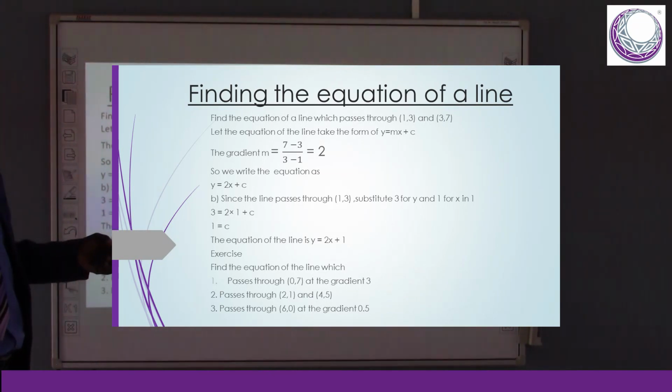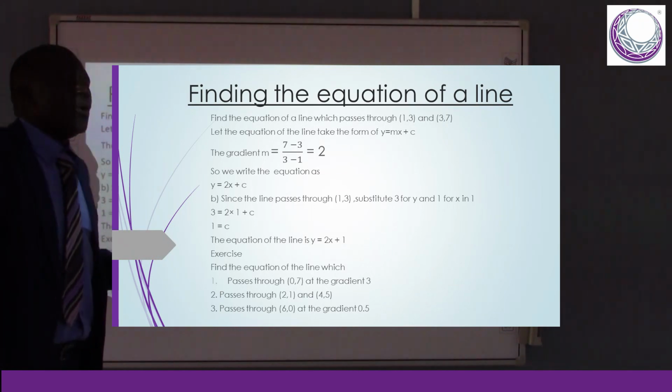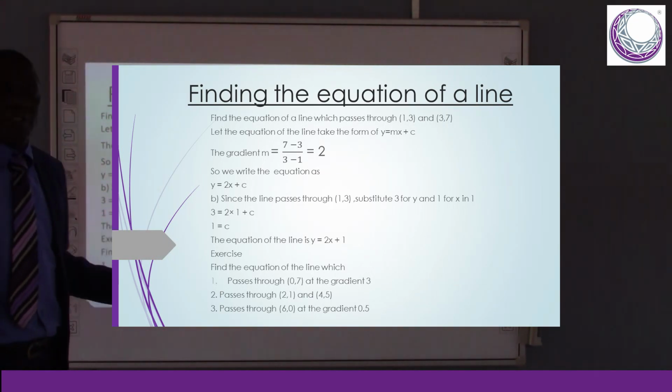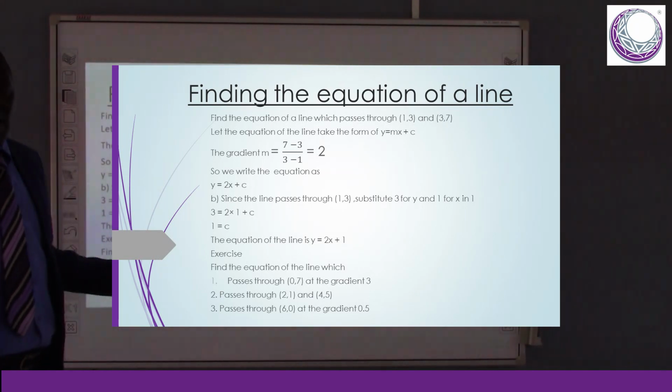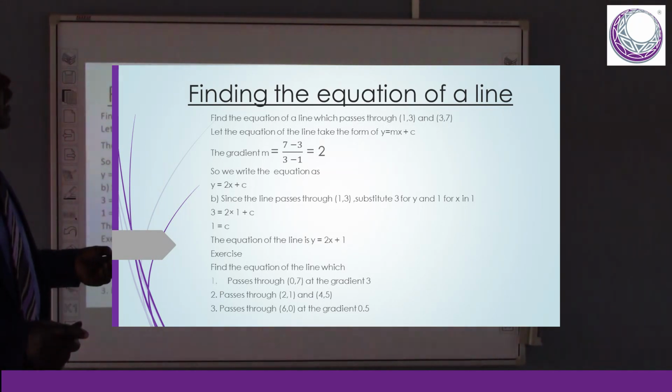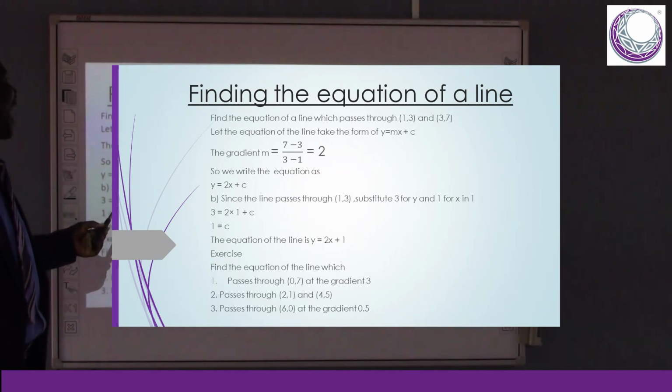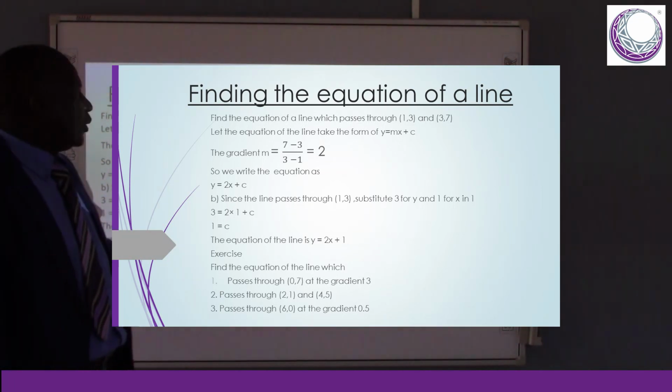As we know, we said y1 minus y2 over x1 minus x2. And sometimes we can even say y2 minus y1 over x2 minus x1. So in this case, I'm starting with my y2.